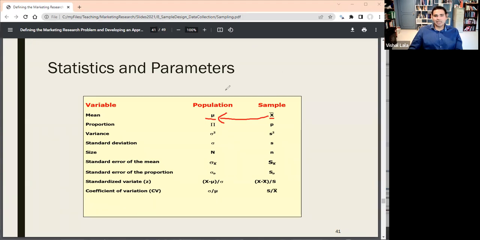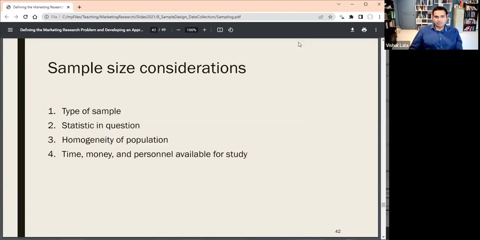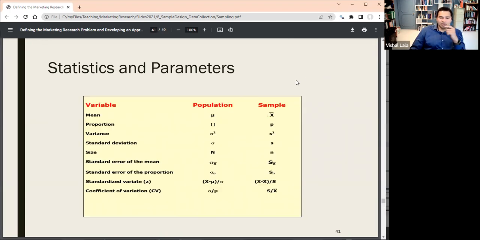Hence, this world is called the world of inferential statistics. Let's just quickly review here the terminology. You can notice that if we talk about population, we use different symbols than for sample.